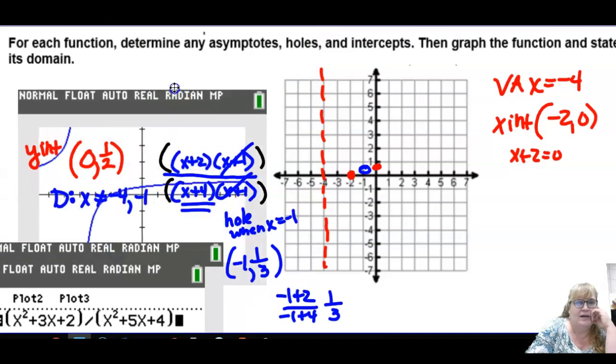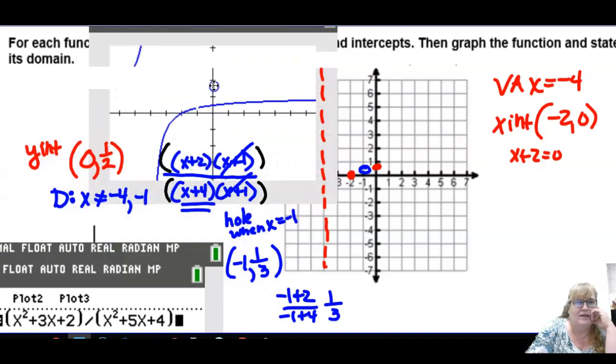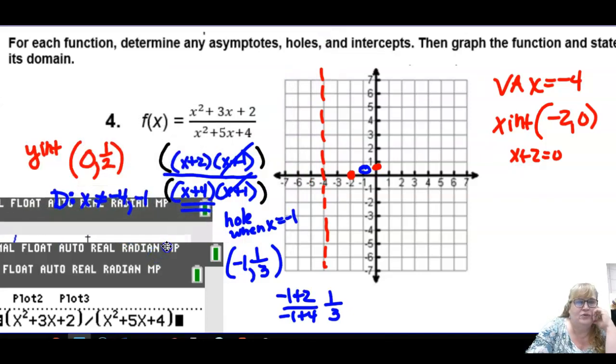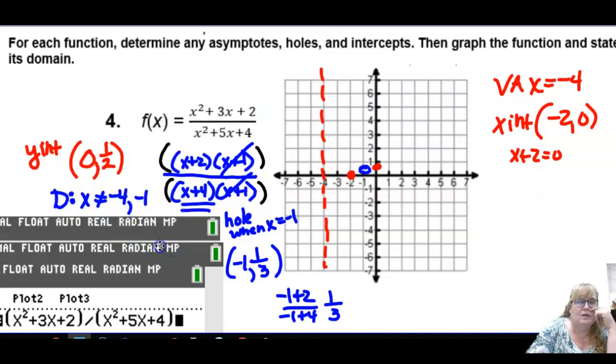So I actually did a zoom decimal and then it showed up. The hole showed up right here. All right. Finally, what you do is you go to the table of values. I'm going to pause the video and type this in, and then I'm going to go to the table and show you that real quick.